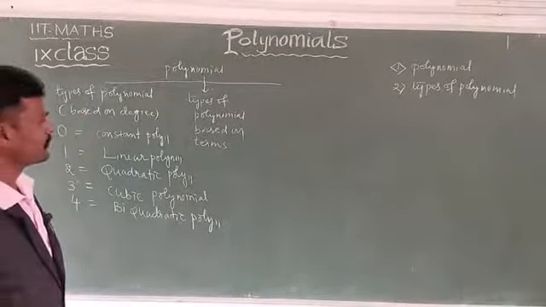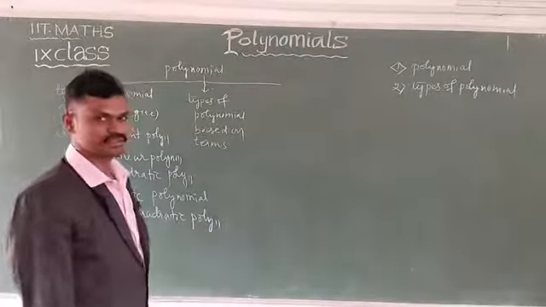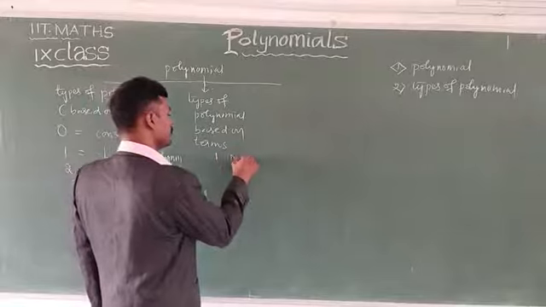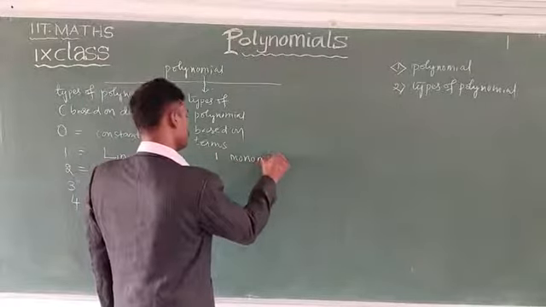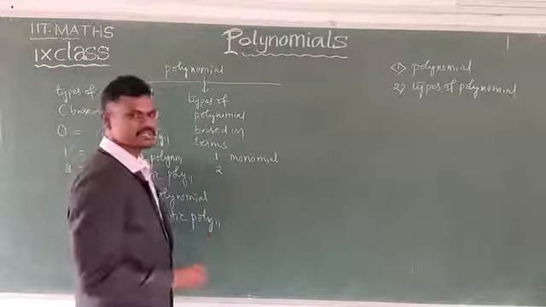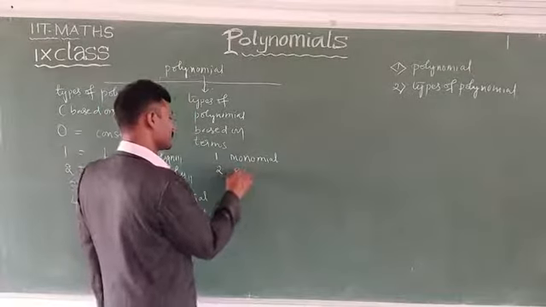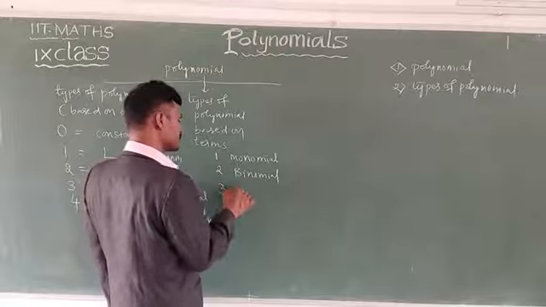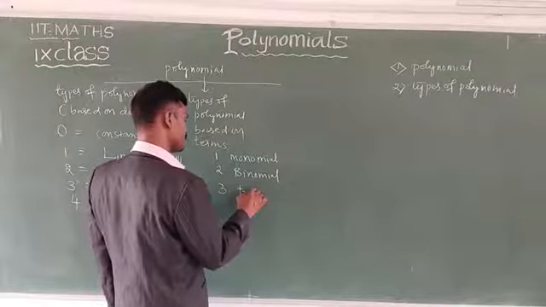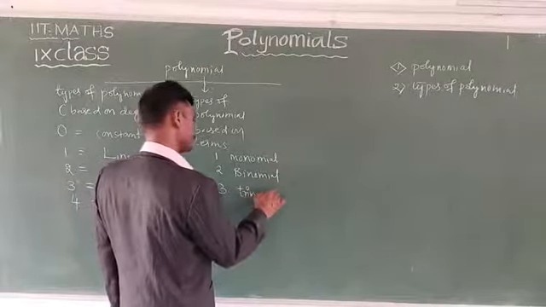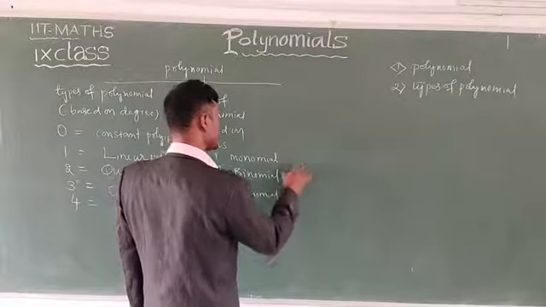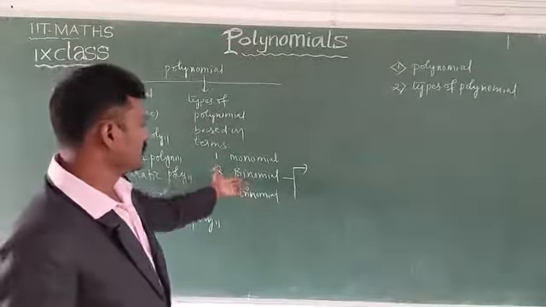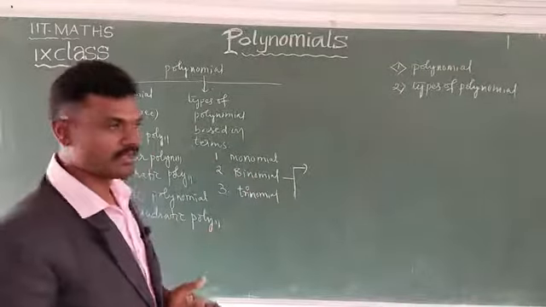Next, types of polynomials based on terms. Only one term given means that is a monomial. 2 terms given means binomial. 3 terms given means trinomial. Again here, binomial. In binomial, there is one theorem also, the binomial theorem.